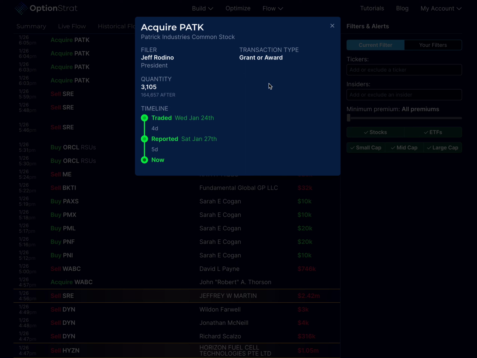Maybe the company had a good year or quarter, and part of these people's compensation was receiving shares or options in the company. It could also be that when they take the company public, each of the C-suite executives gets a certain number of shares, options, etc. So there is a difference between acquiring and buying.